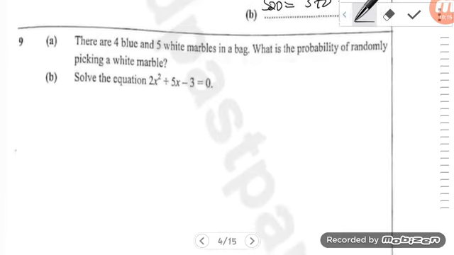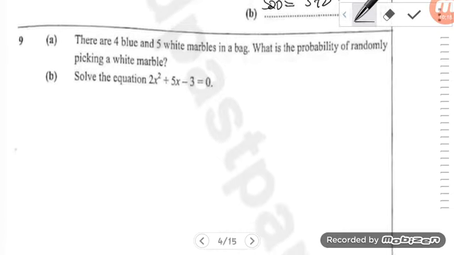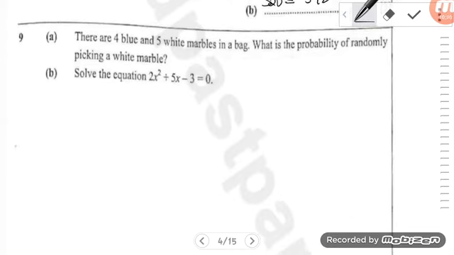Question 9 says there are 4 blue and 5 white marbles in the bag. What is the probability of randomly picking a white marble? Now we've got 4 blue and 5 white marbles. Together they are 9, so we've got 9 chances of picking a marble.